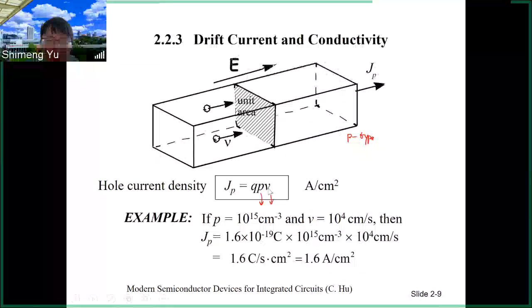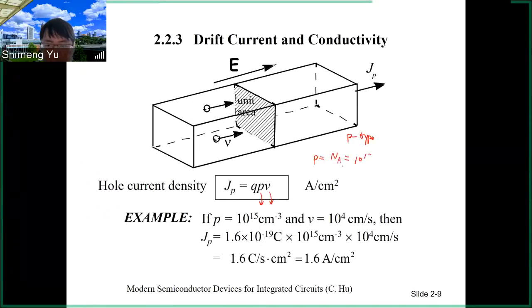So p, in this example, will be 10 to the power 15. For example, if you dope the Na with 10 to the power 15, then you will get p the same as acceptor density. So 10 to the power 15. And then in this example, sorry, this velocity v is 10 to the power 4.